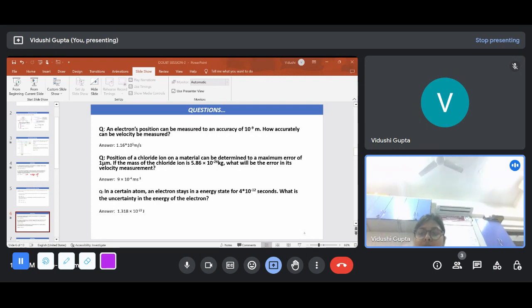Now we have to calculate for the bowling ball of mass 6 kg. So how will we do this? The same formula we have to apply.